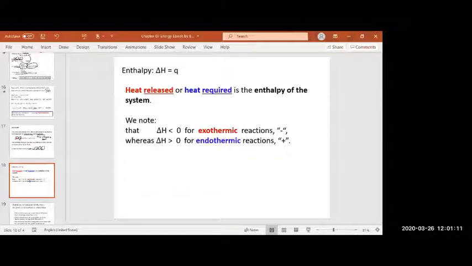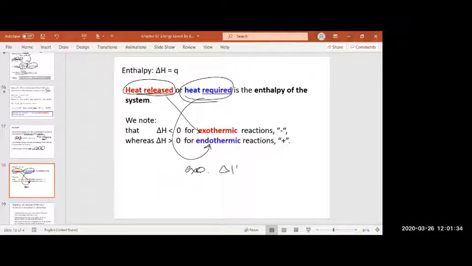Now, we have two types for the heat in the reaction, or also other processes. Could be either heat release, releasing heat, which we call exothermic, or absorbed, heat required, which we call endothermic. In exothermic reaction, delta H is a negative value.